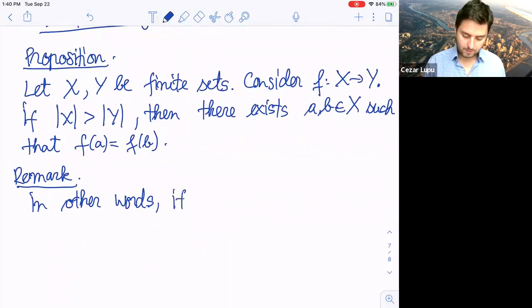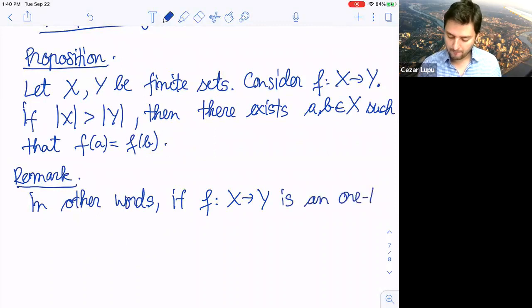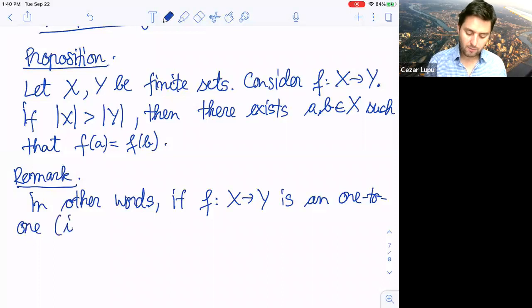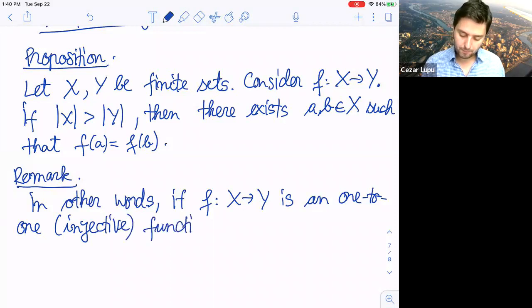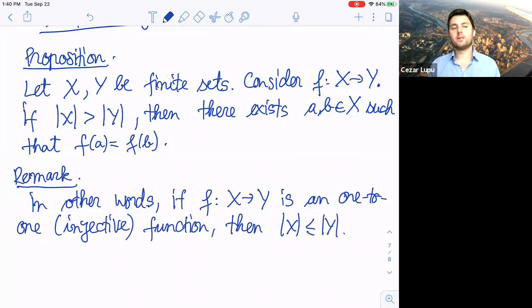If f defined from X to Y is an injective function, a one-to-one function, then the cardinality of X will be less than or equal to the cardinality of Y. And you know, there is this theorem which says that for a function from a finite set to another finite set of the same size, if it's injective, then it's also surjective, and vice versa.